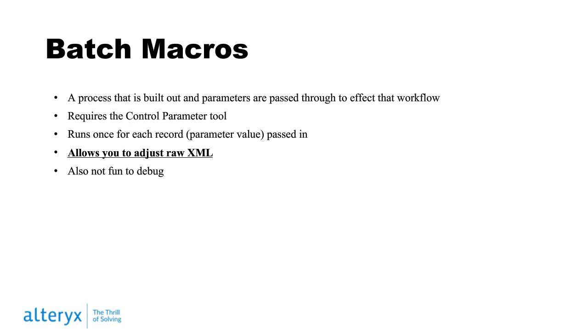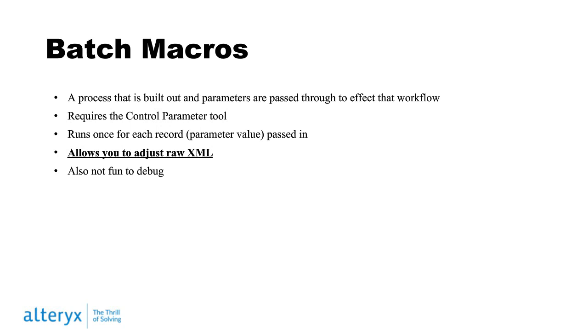The batch macros in Alteryx can also allow you to adjust the XML of your workflow, which is really powerful once you can grasp that concept and what you can do with it. It allows you to do things like, if you've ever tried to both select and deselect something based on some other results, or tried to change data formats, you realize that it can be difficult to do both of those things in a single tool, even with a batch macro.